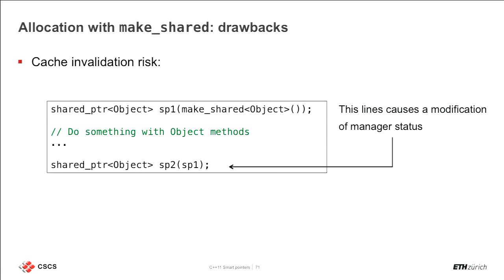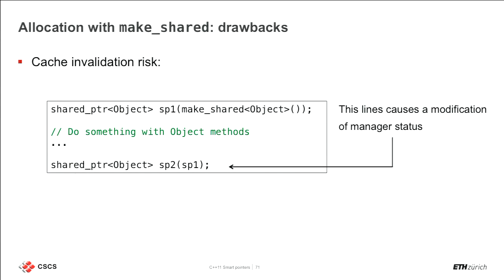Every time you make some operation like creating a new shared pointer to the same memory location, you have to make an operation on the resource manager, increasing the number of shared pointers for the same resource. With make shared, it can happen that the resource manager and the allocated memory are on the same cache line. It depends on the size of the allocated memory, but it can happen.